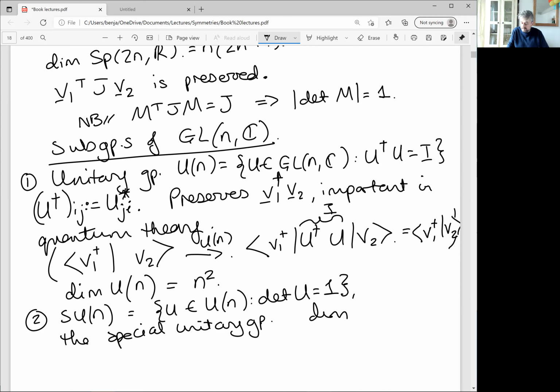The dimension of this one is n squared minus 1. So that's the real dimension.